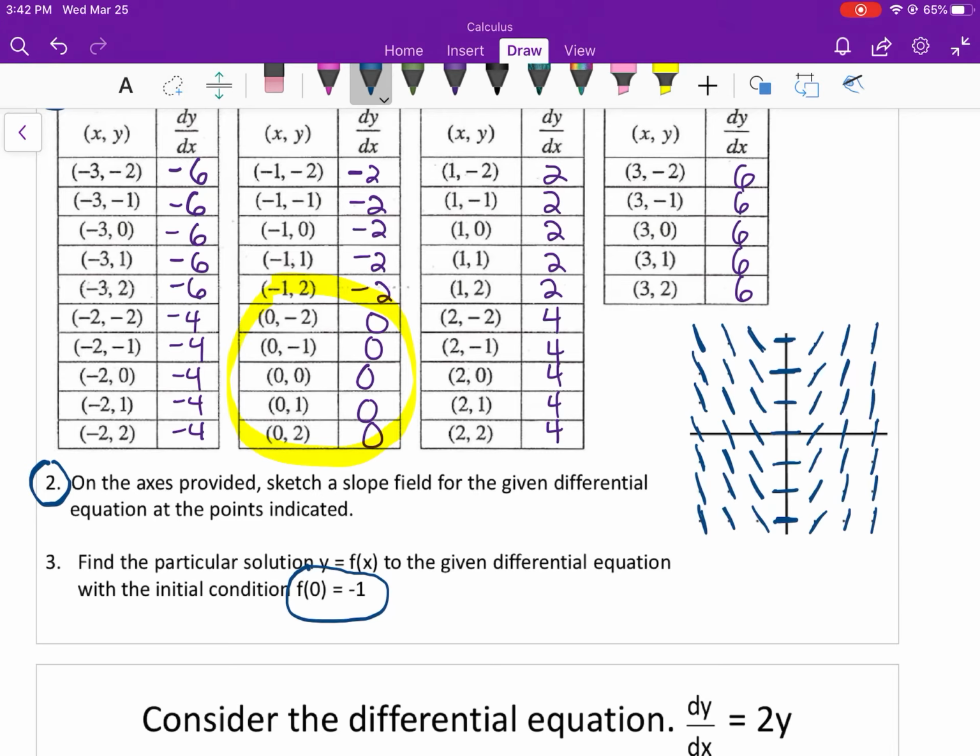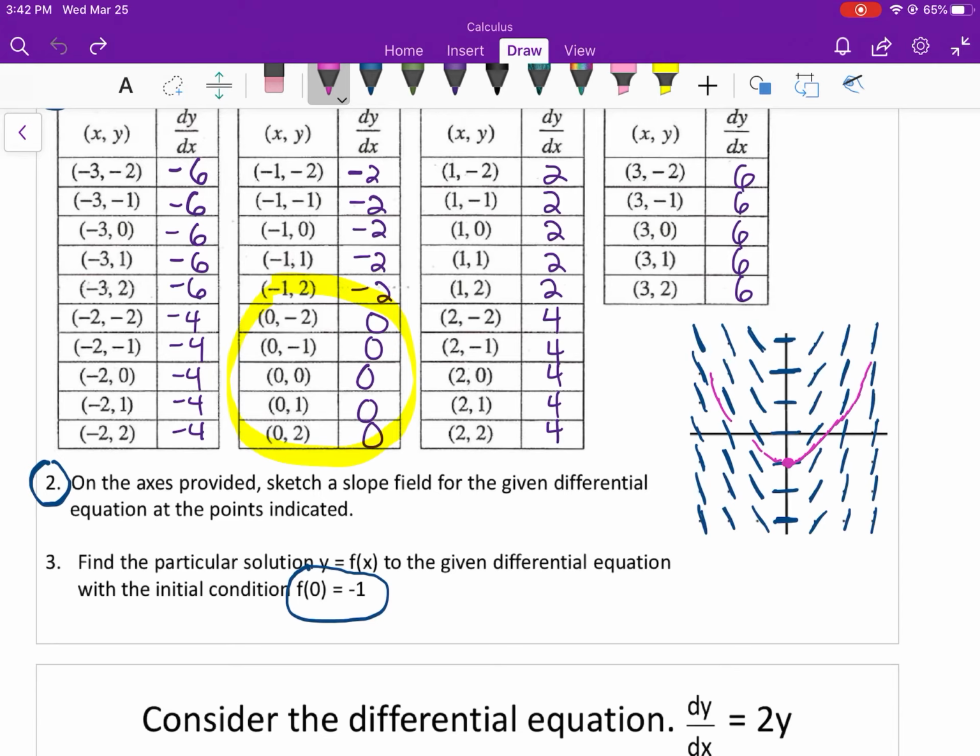Okay, (0, -1) is down here. So you can kind of see that your sketch is going to come in through here. Now, you don't want to disrupt your slope field, so you're just going to sketch it in there like so, and that could be it.